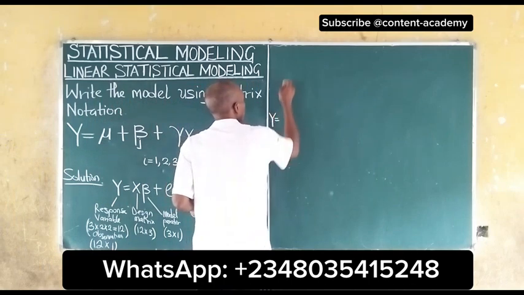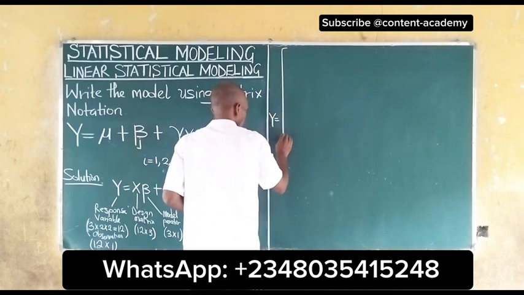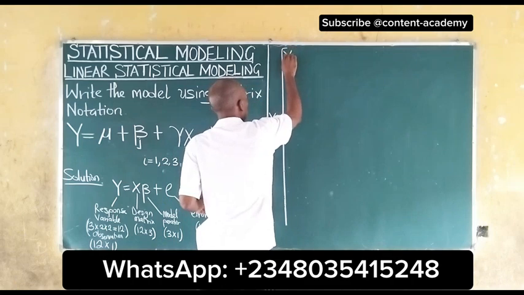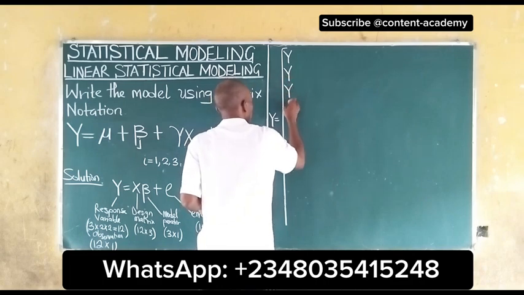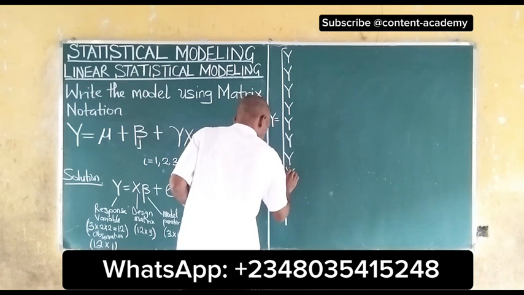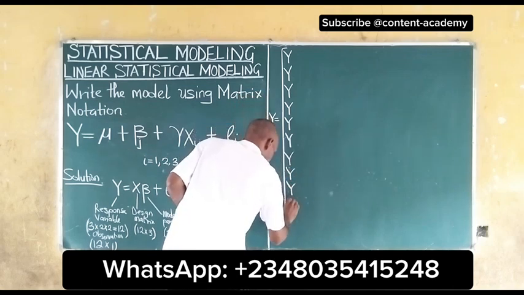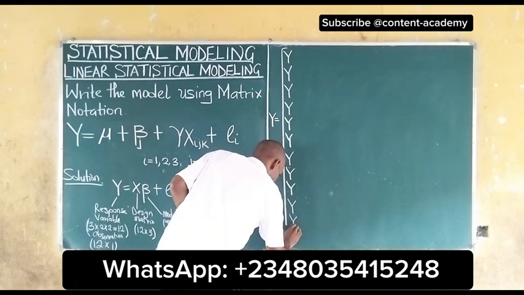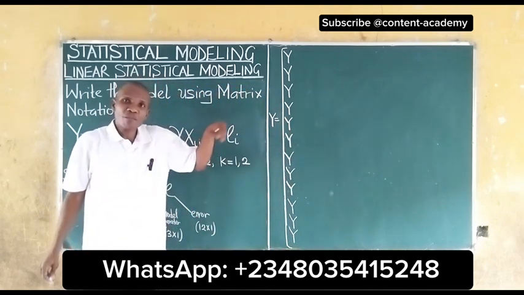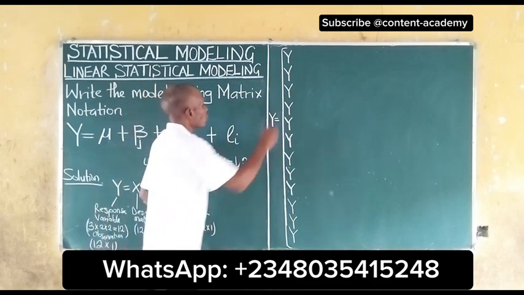So our y will be equal to, the first thing to do, since it's 12 by 1, we write y1 to y12: 1, 2, 3, 4, 5, 6, 7, 8, 9, 10, 11, 12. Now, how do we compute what we have here?